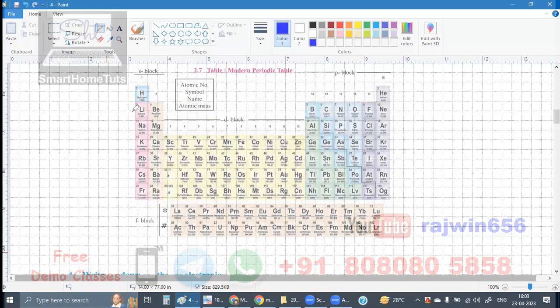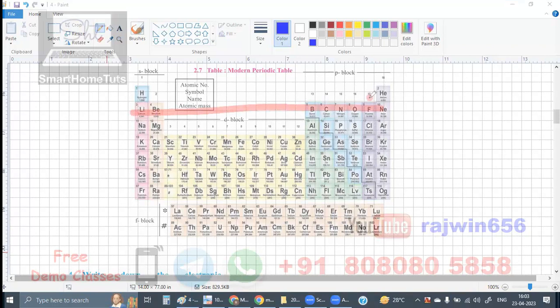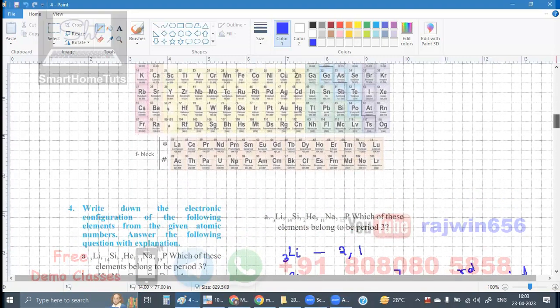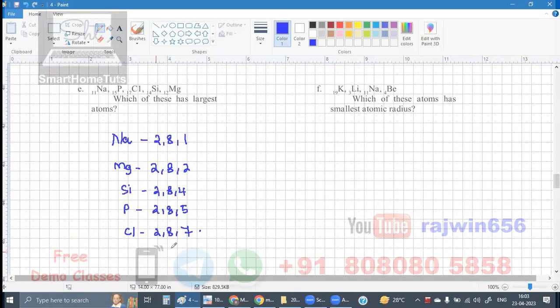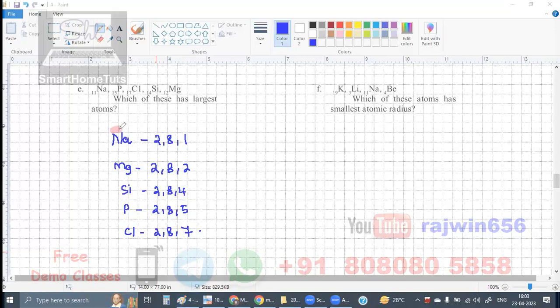As you are going from left to right across the period, the size of the atom decreases. Now the list of the elements that we are provided from here is the third period. Sodium is the first element, which is going to be the largest atom.